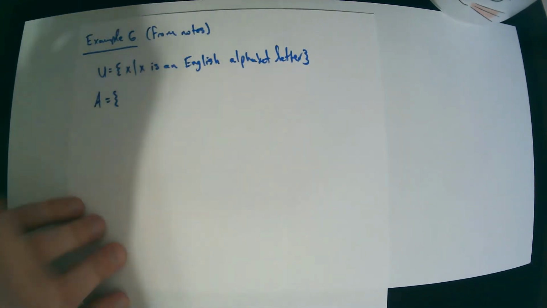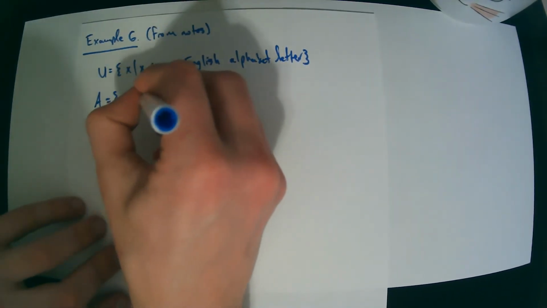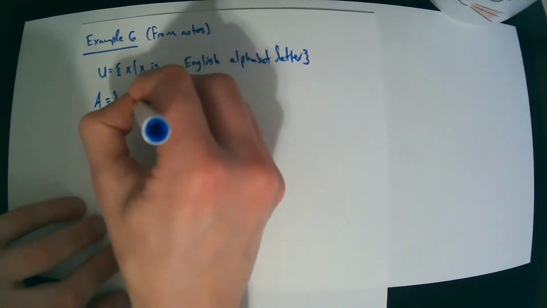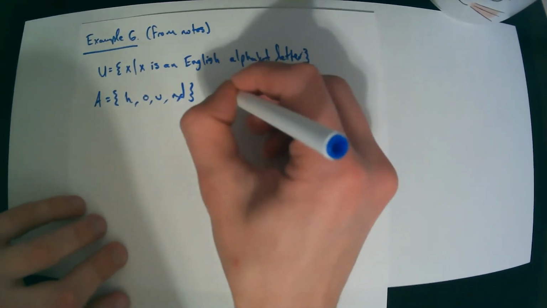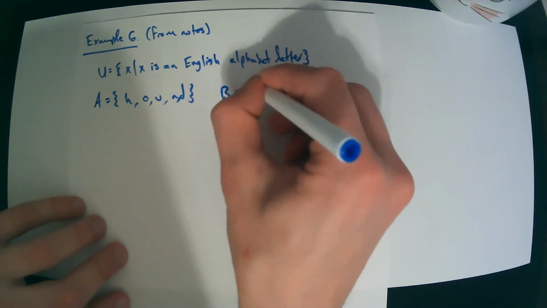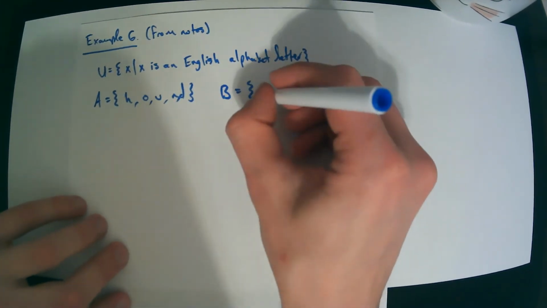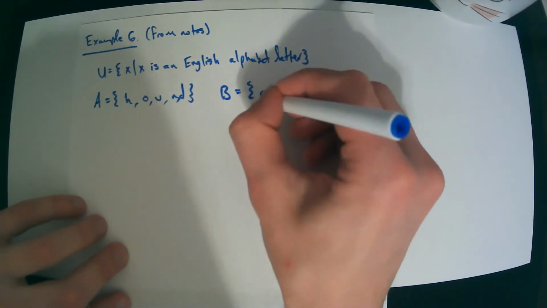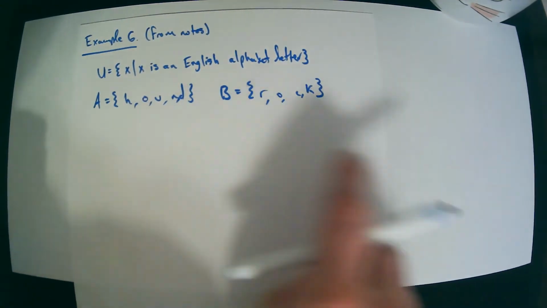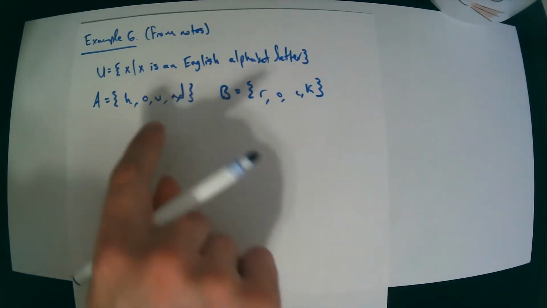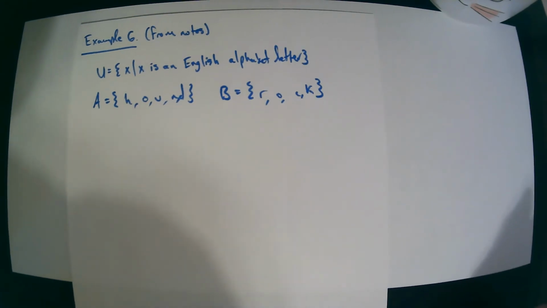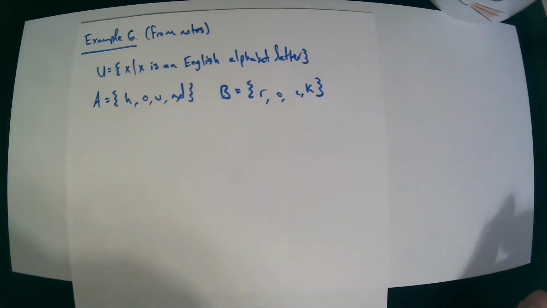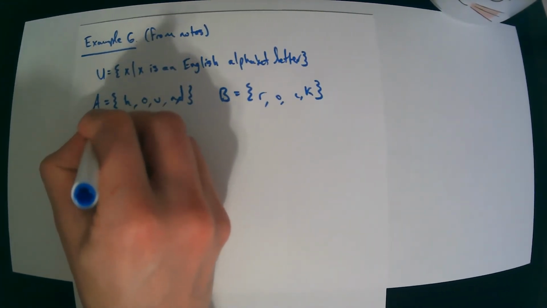Let A be the set of letters that spell hound, so H-O-U-N-D, and B be the set of letters that spell rock, R-O-C-K. It doesn't always have to be words, it could just be random letters, but it's easier to remember if they spell words.